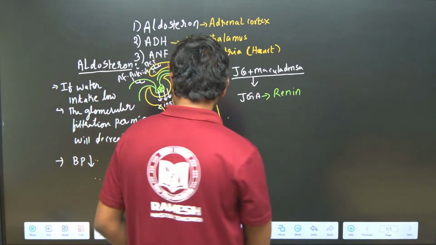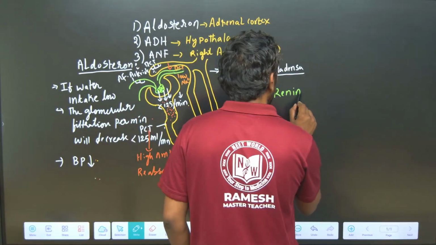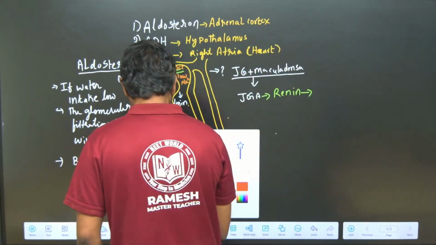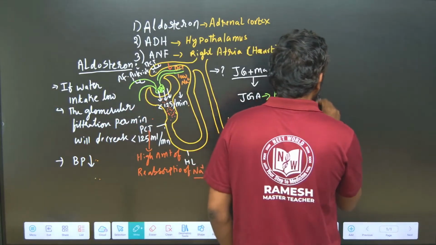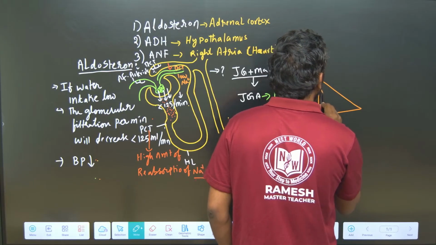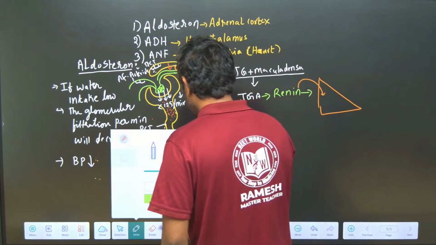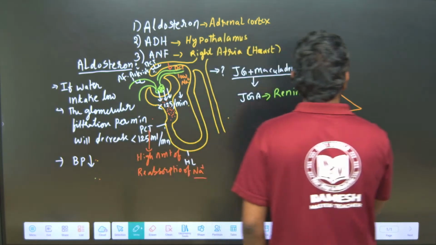Renin acts on the liver. There is a glycoprotein which we call angiotensinogen.